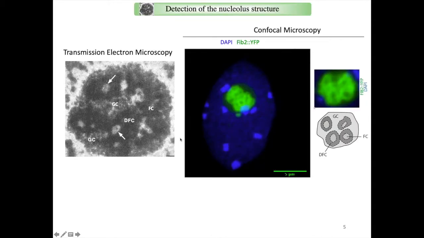This structure can also be revealed by confocal microscopy if you fuse, for example, fibrillarin 2, a protein implicated in several processing steps in the dense fibrillar component, to a fluorescent protein. You can then reveal this ring-like shape corresponding to the DFC.